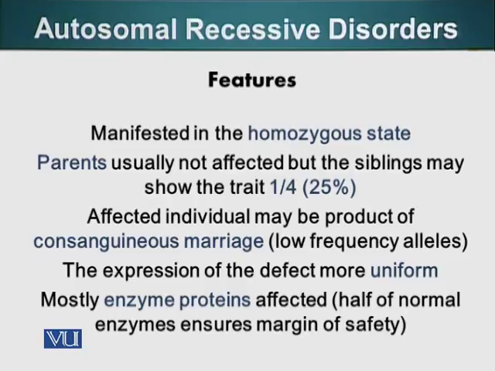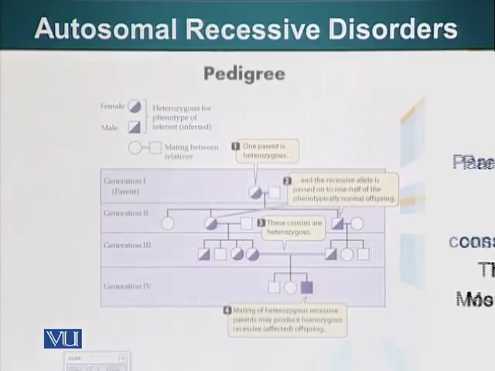Autosomal dominant disorders are generally caused by mutation or changes in genes coding for regulatory proteins or structural proteins with multiple subunits. To understand this, we have to talk about other concepts which are beyond the scope of this course. So maybe in a future course we can talk about that.